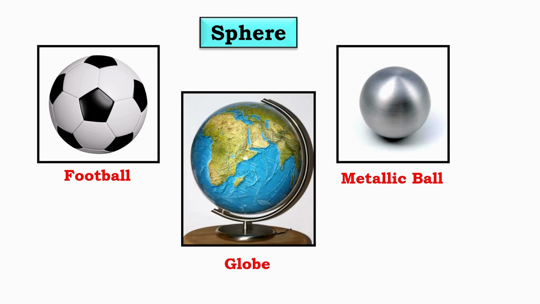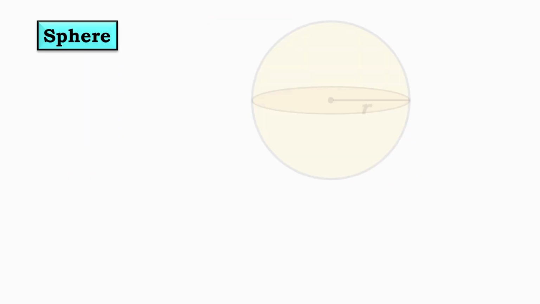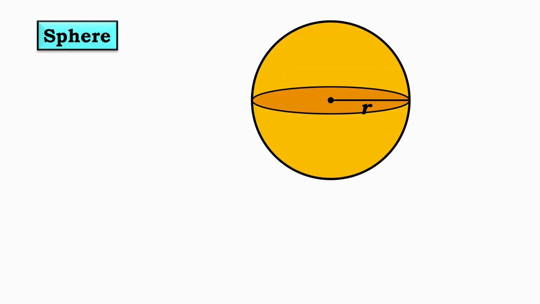A globe is also a sphere. Now let us understand the geometrical figure. Okay, so this is going to be the geometrical figure of the sphere. Since a sphere looks like a circle, we need to make sure it looks like a 3D figure. That's why internally we have to draw another curved line to make it understood that we are talking about a 3D figure.